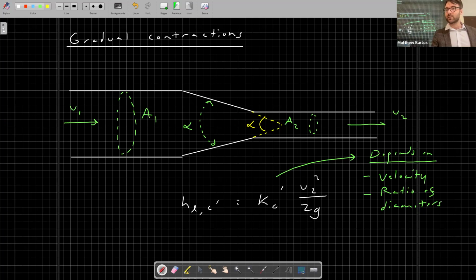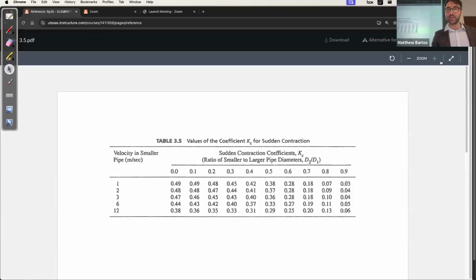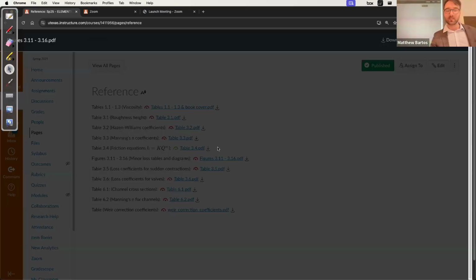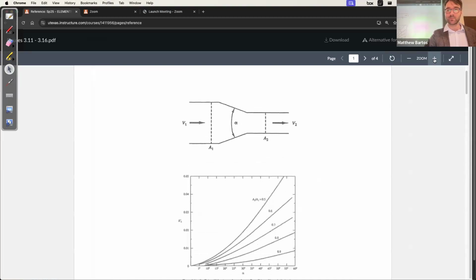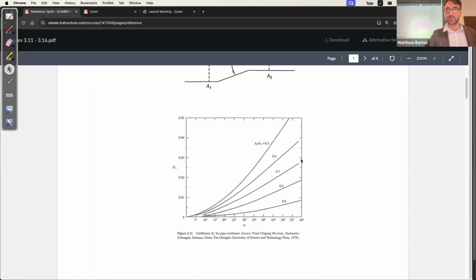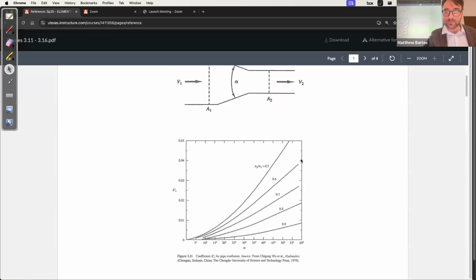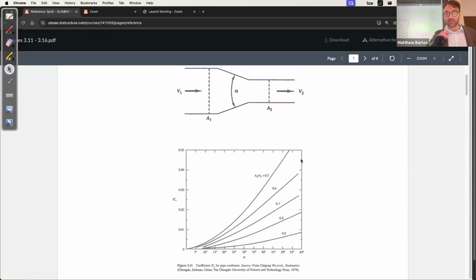So just to give you a sense of what these contraction losses look like, we can go look at a table of gradual contractions. So this is a table of gradual contraction coefficients depending on, again, the angle of the contraction as well as the ratio of the areas in this case, which is proportional to the ratio of diameters.